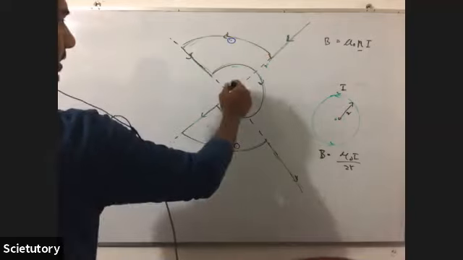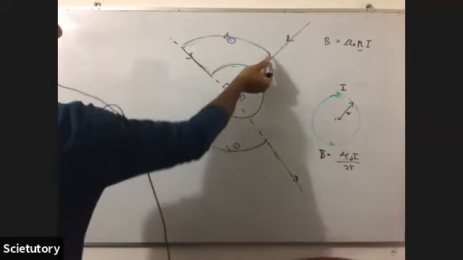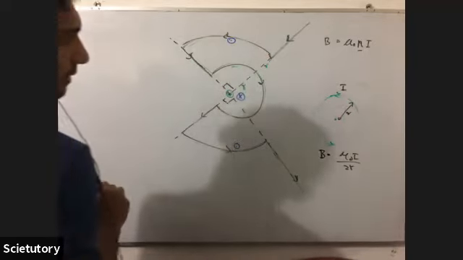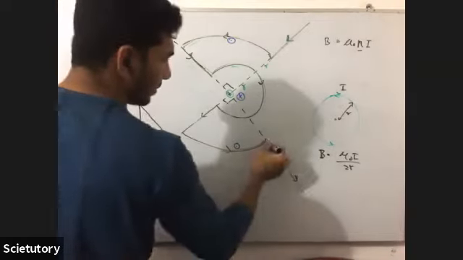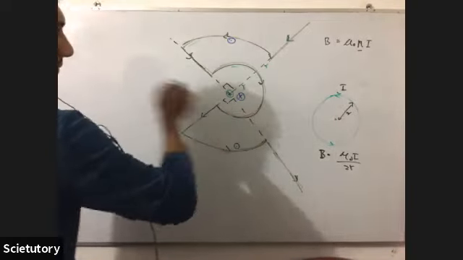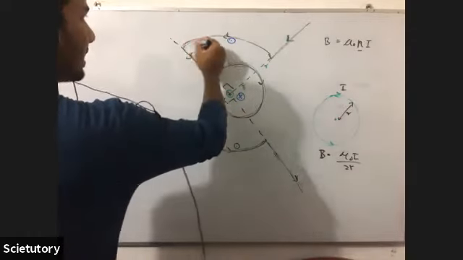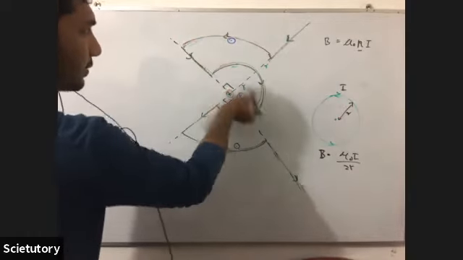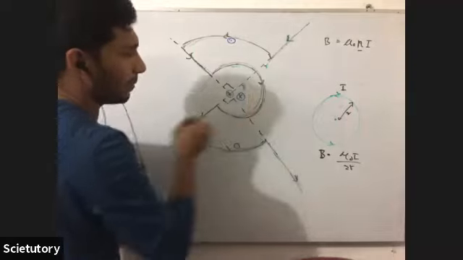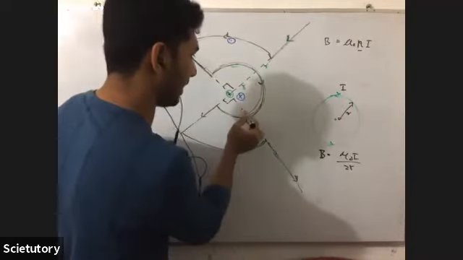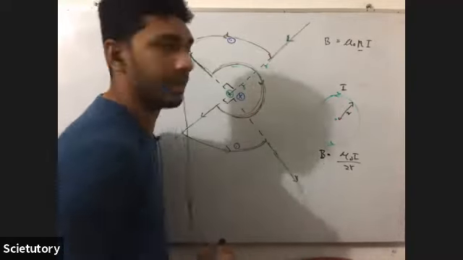So what do you think? This is 90 degrees, so this is a quarter of a circle, and this is also a quarter of a circle. This is 3/4. Let's write for this part, because we know this will be the predominant one, because it has a lesser radius and also it has 3/4 of a circle.